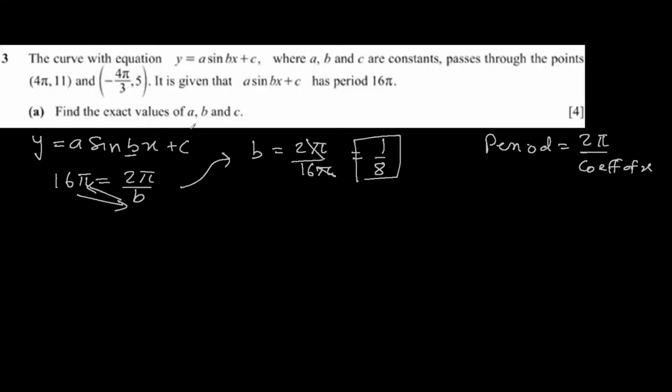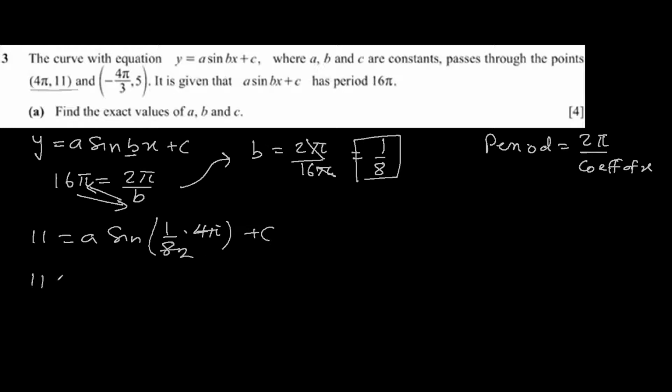Now we have to find the value of A and C. So let's substitute the first point, 4 pi, 11, in this equation. So y is 11, A is unknown, sine of B, which is known now, 1 over 8, times x in this point, 4 pi, plus C. So 8 and 4 pi will cancel out, rather only 4 will cancel out, so we'll be left with 2 here.